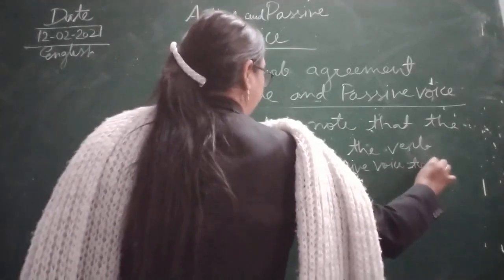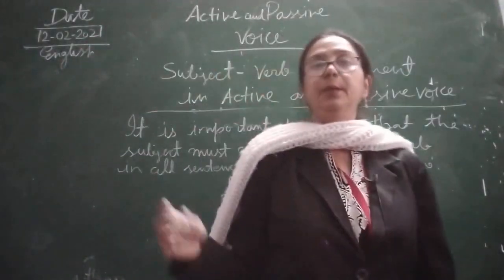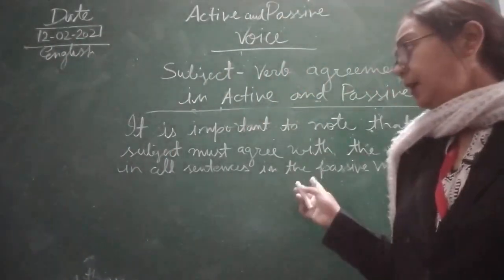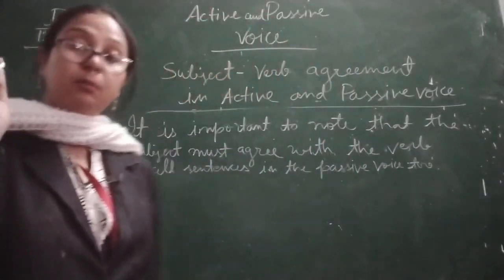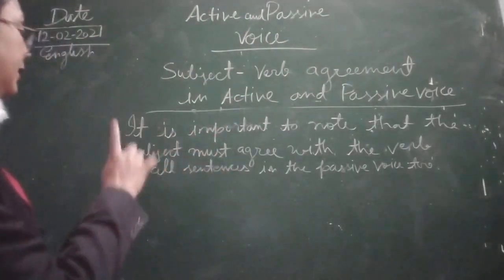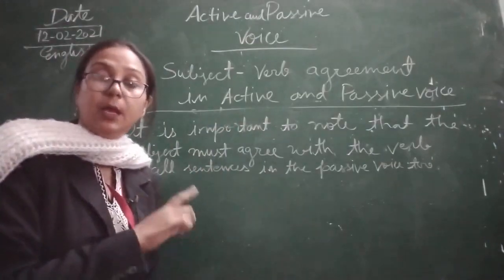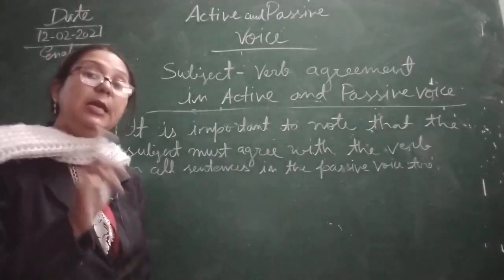As I gave the example, "he plays the game" in active voice. But in the passive voice, it is also important to note that the subject must agree with the verb. If the subject does not agree with the verb, it will be incorrect.